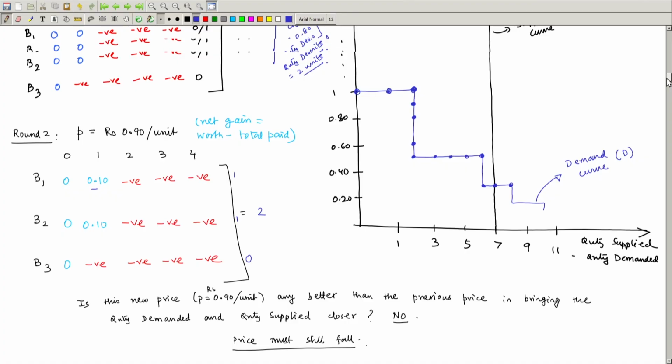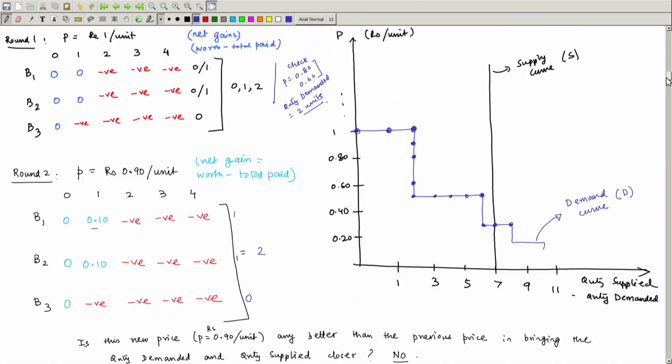In the previous lecture, we have learned how to construct the demand curve, right.